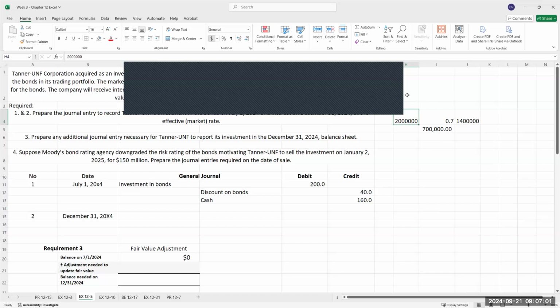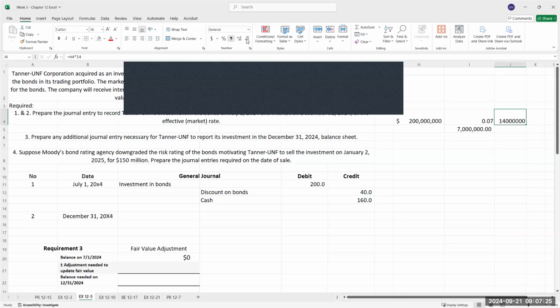So we're missing zeros. So 200 million multiplied by 7%, not 70, by 0.07.